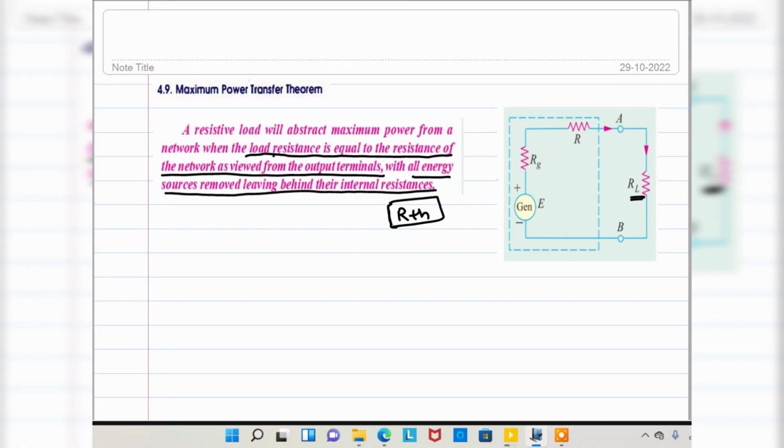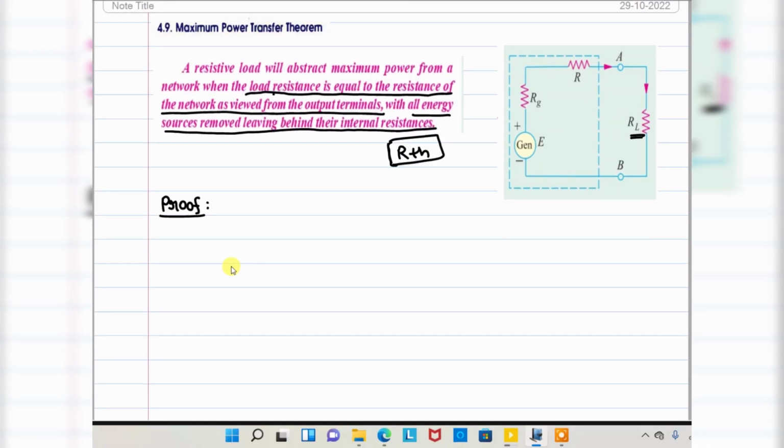Coming to the derivation proof. In an objective examination, the proof is not required, but it helps you understand the concept behind the maximum power transfer theorem, and then it is easy to remember the condition: source resistance is equal to load resistance, RL equals source resistance.